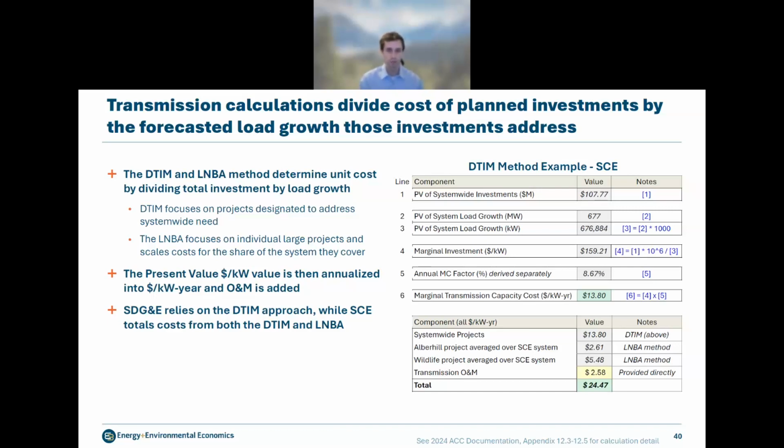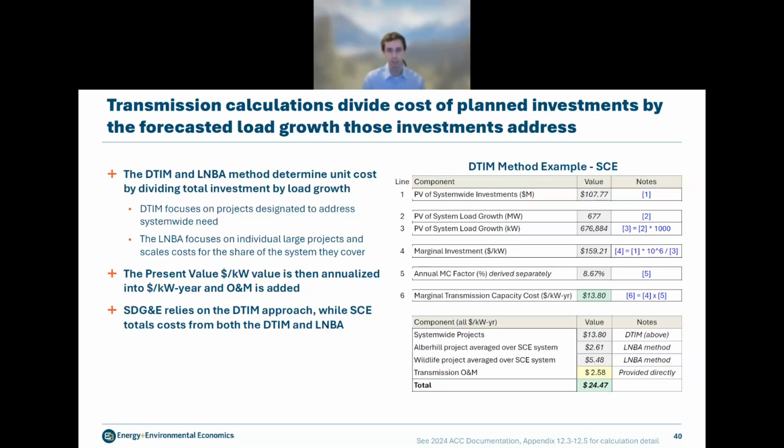The DTIM approach, which is shown in very summary steps at the right side of this slide, focuses on projects designated as addressing system-wide needs. The LNBA method is pretty similar, at least in the broad goals, but it is focused specifically on individual large projects that are concentrated on a subsection of the system.